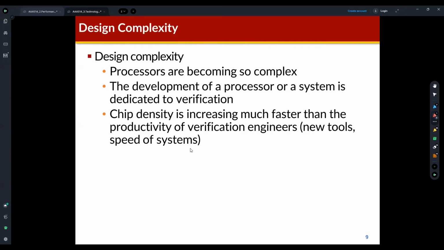We need to invest a large amount of human resources to verify our chips. As the chip design gets more complex, more verification effort is required. So design complexity is another issue of current processor design.